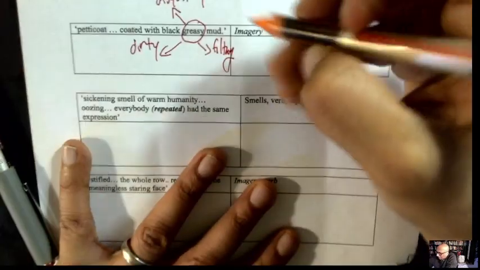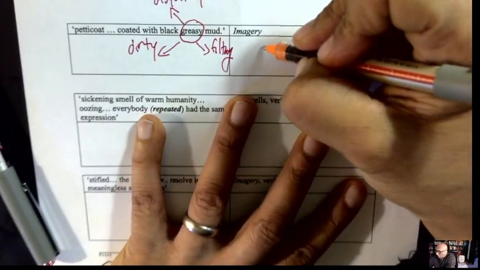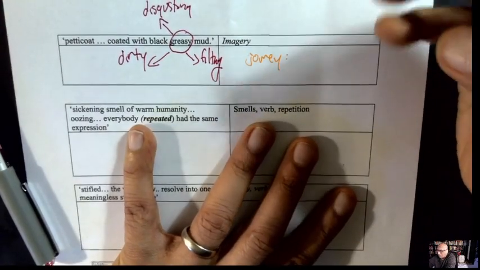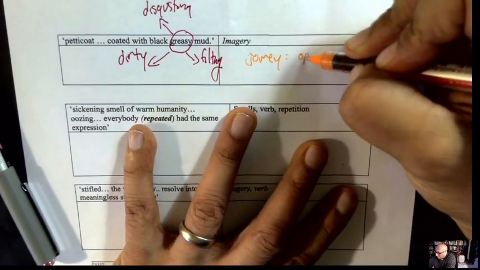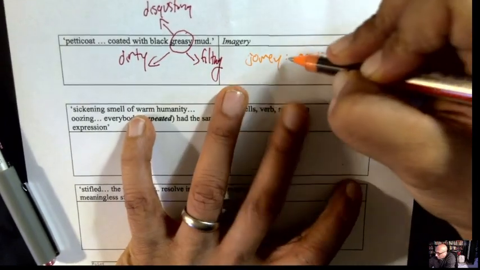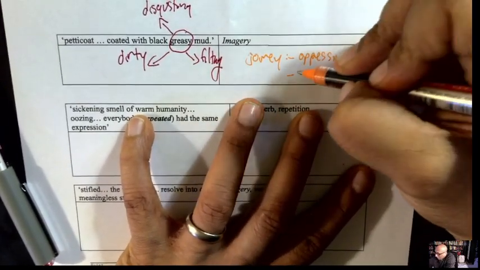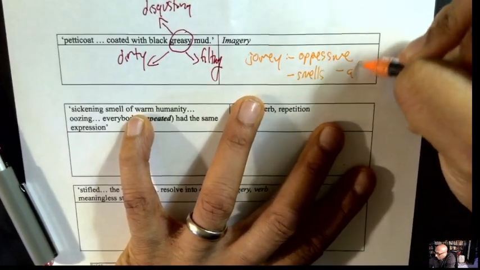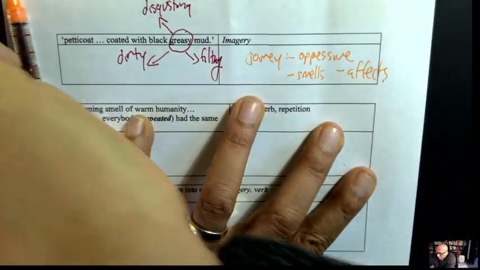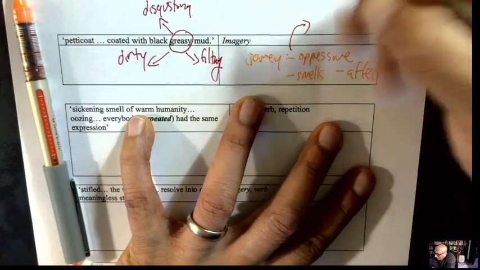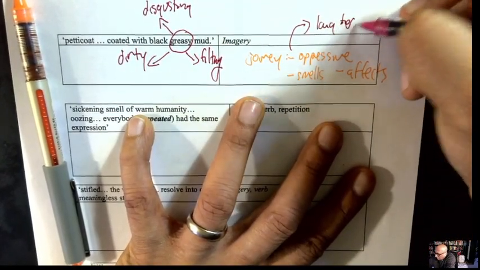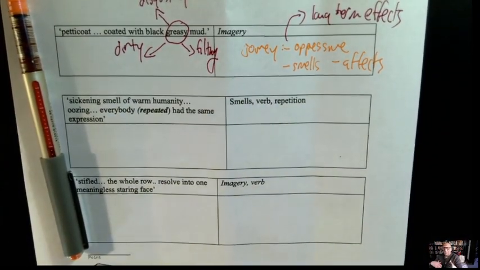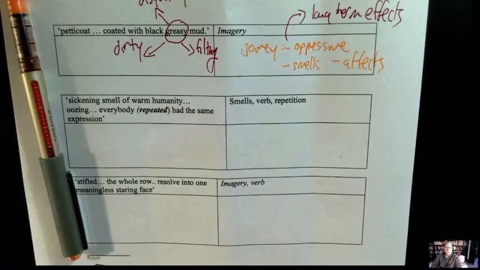The imagery is one of her journey being... it makes me think of how oppressive this journey is, how badly it smells, and how it affects her. It makes me think how there are long-term effects on her. That imagery repulses me, makes me think she hates her journey.